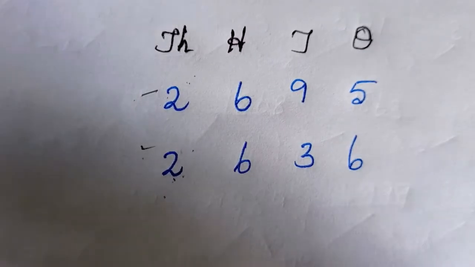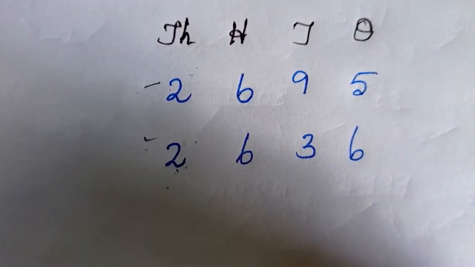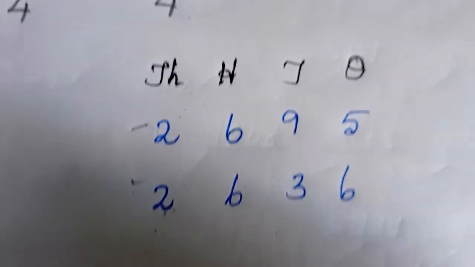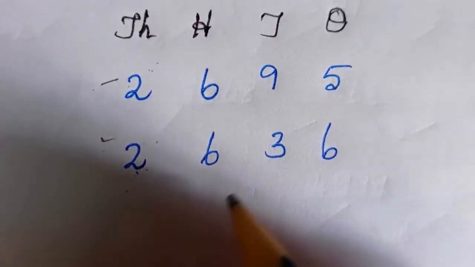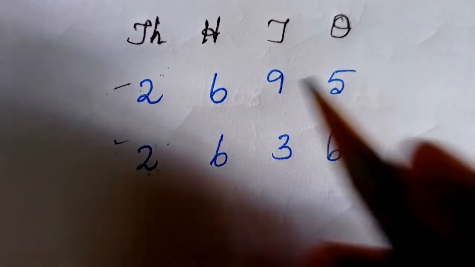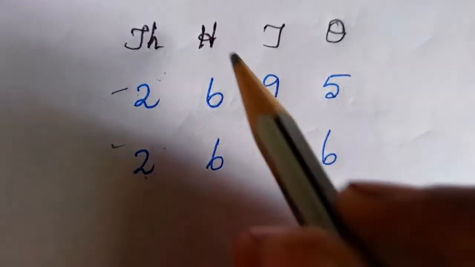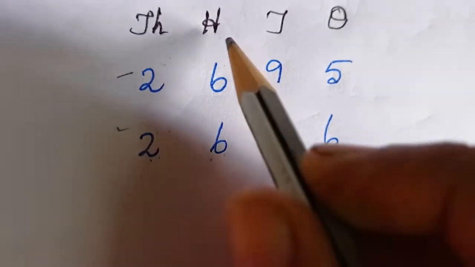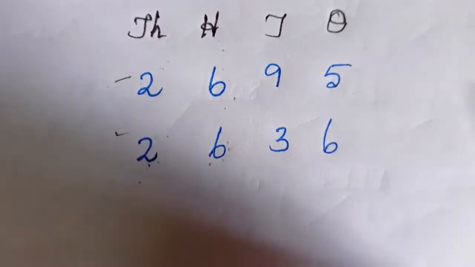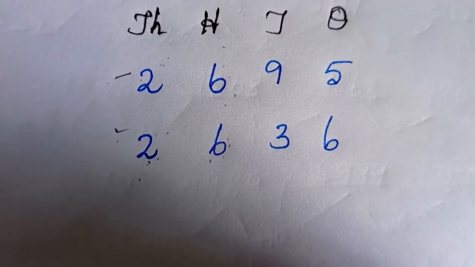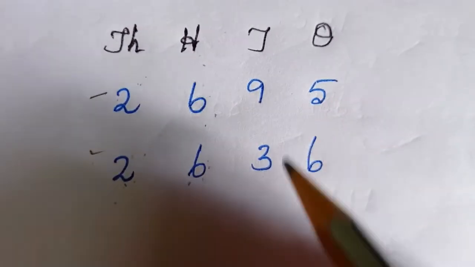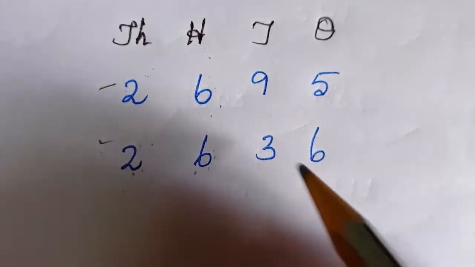So you compare the digit in the next highest place. Again the hundreds place values for these two numbers are the same. So again you go to the next highest place value and compare the two numbers.